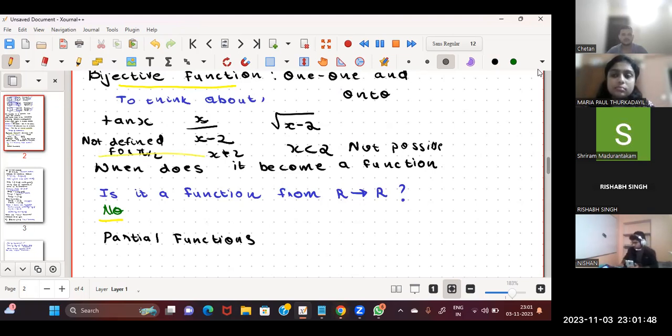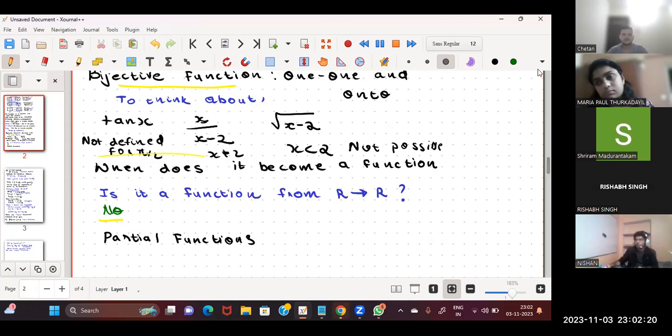If you define the domain as the natural numbers, then none of these functions are functions themselves. If you define the domain and codomain as integers, none of these are functions. If you define the domain and codomain as reals, none of these are functions. These are not even functions. You can't even talk about one to one or onto.